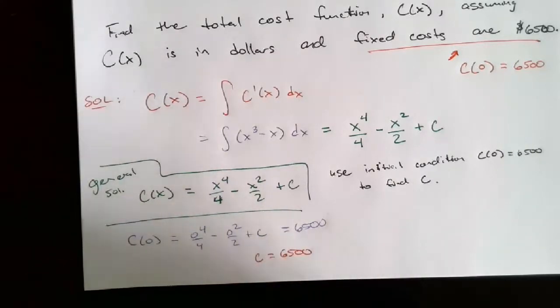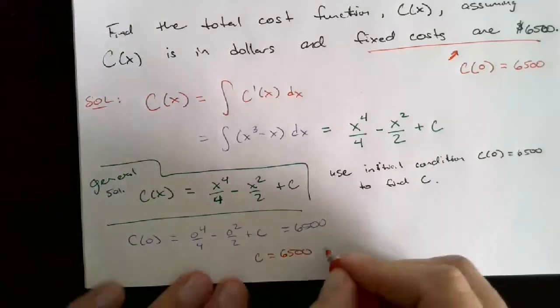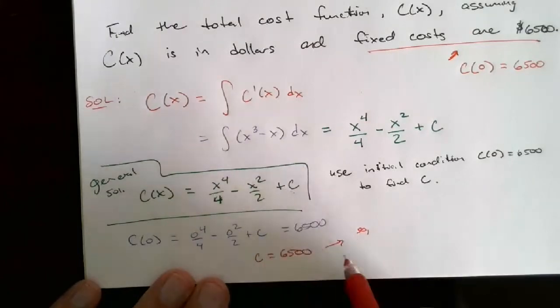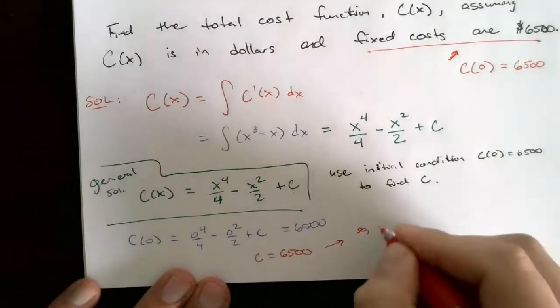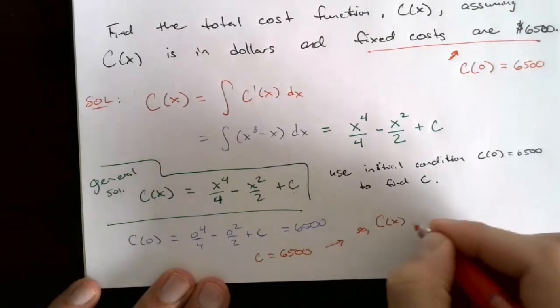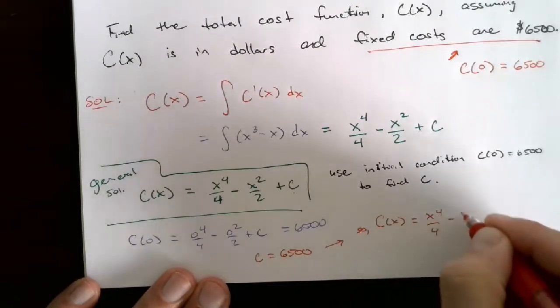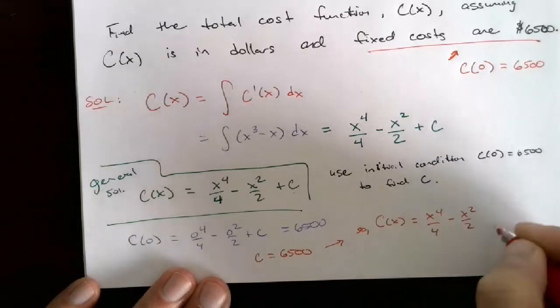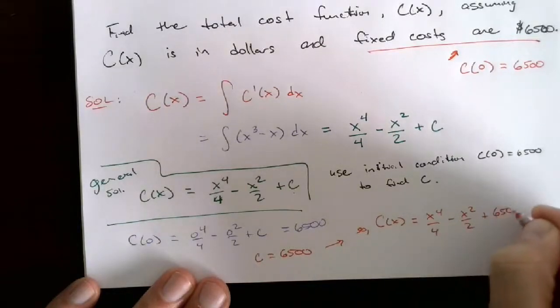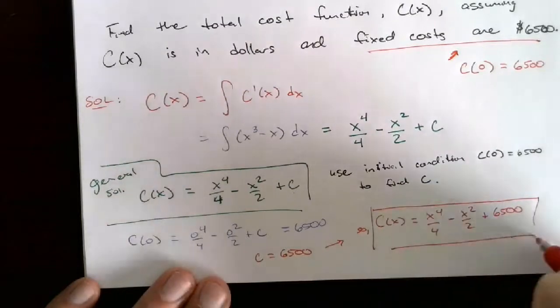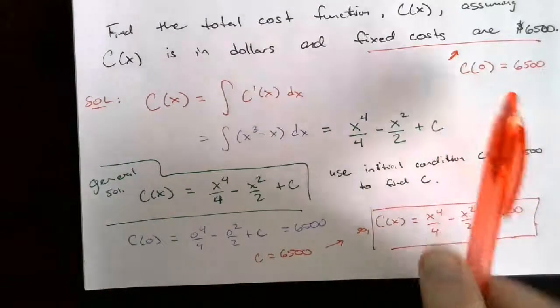Now remember, c equals 6,500 isn't your answer. Your answer for the particular solution is, we're going to take c here and sub in 6,500. So our particular solution is c of x equals x to the fourth over 4 minus x squared over 2 plus 6,500. And that would be your cost function, given that initial condition.